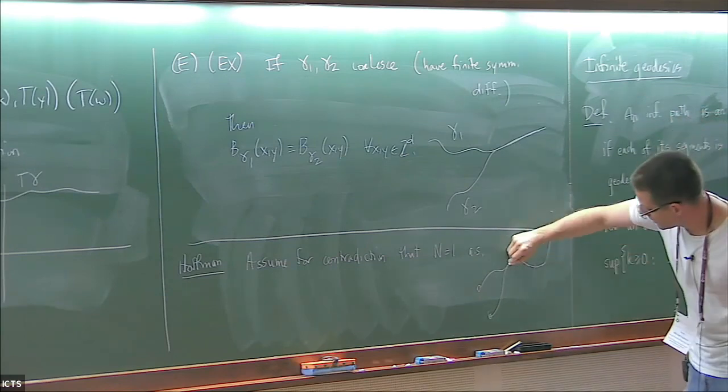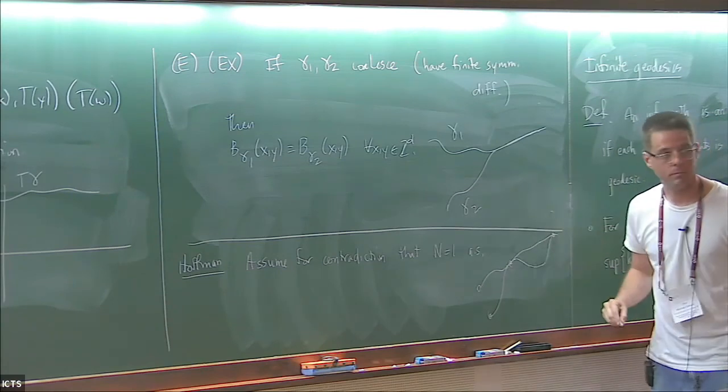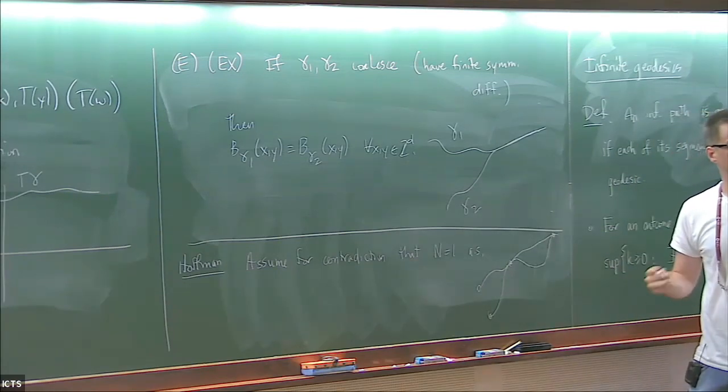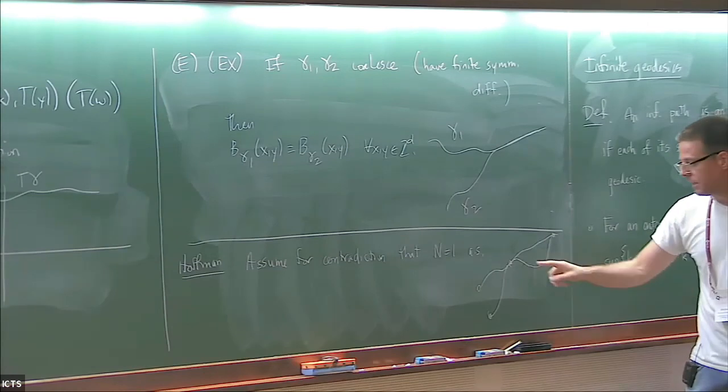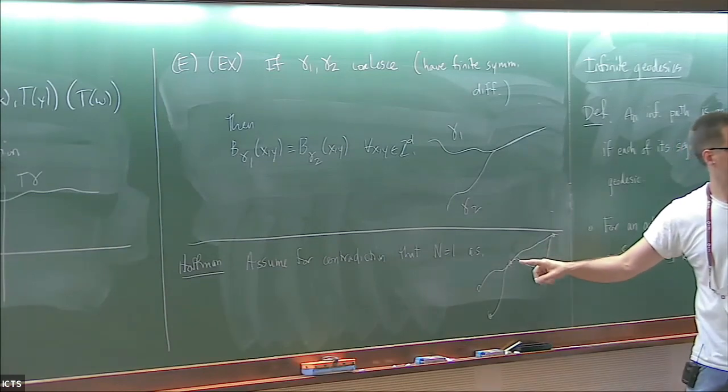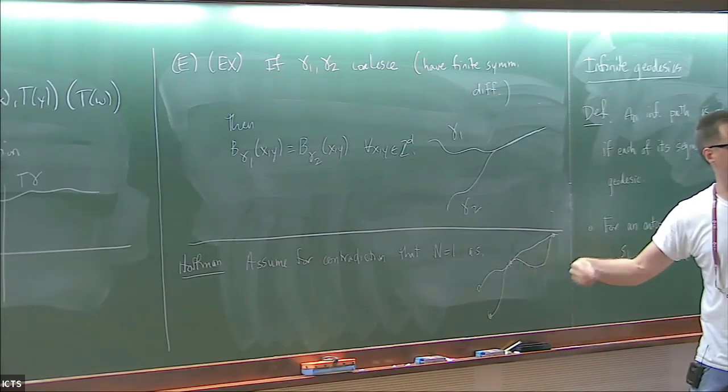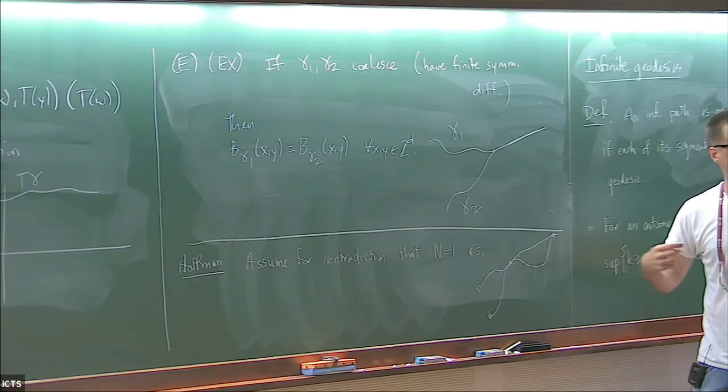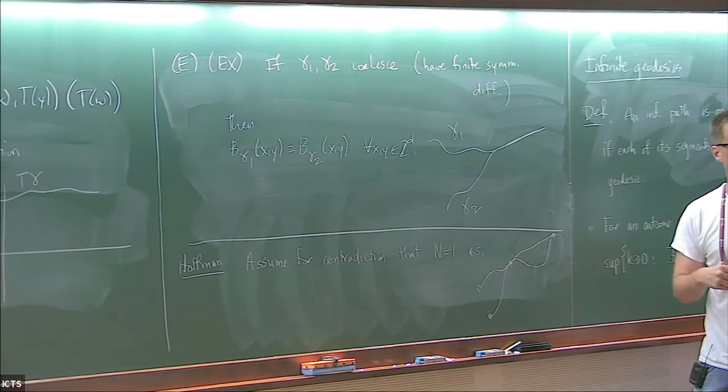So now if you look at the geodesics between these two meeting points, because segments of geodesics are geodesics, we get two different finite geodesics between these two endpoints. That's not allowed because we have uniqueness of finite geodesics because the edge distribution is continuous.